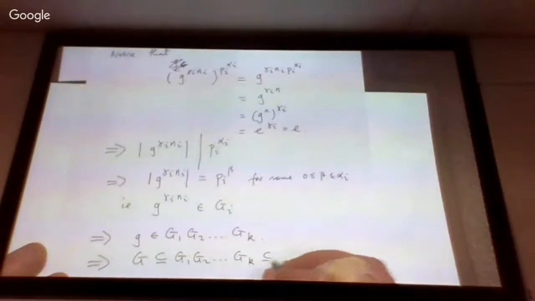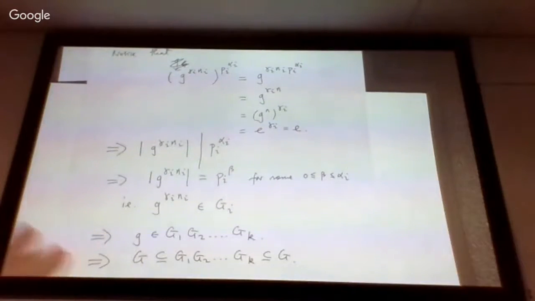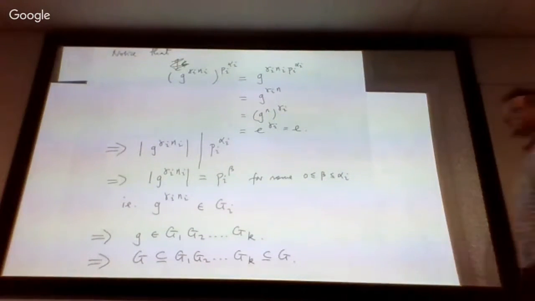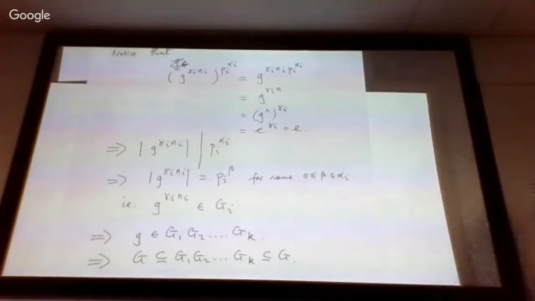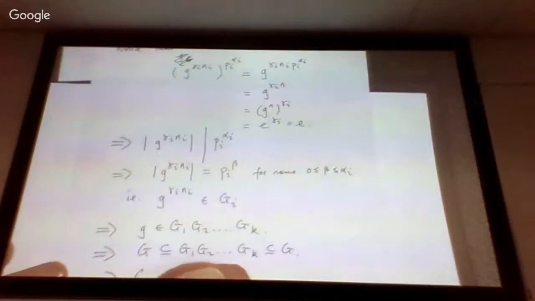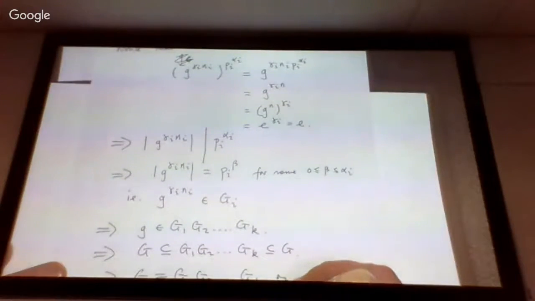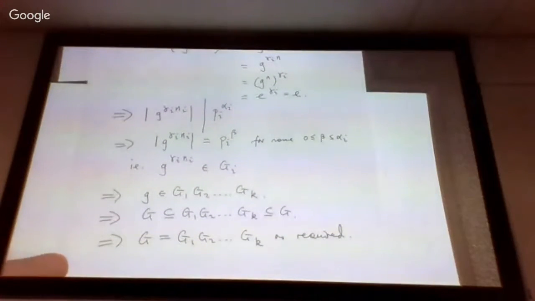But we already know that that product is contained within G, so it's a product of subgroups of G. So therefore, this must be equality. It's equal to G_1, G_2, as far as G_k, as required. It's actually equal to it, okay?